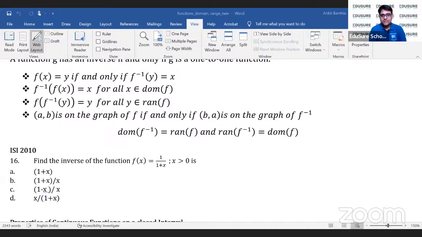I am ending the poll in 5, 4, 3, 2, 1. Ending the poll now.